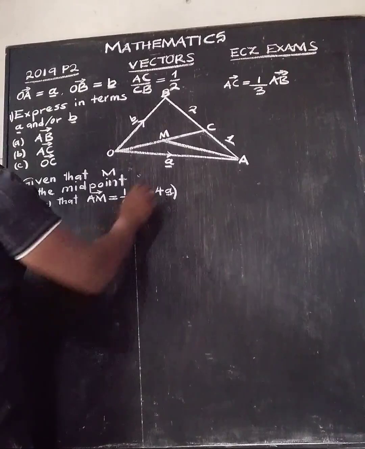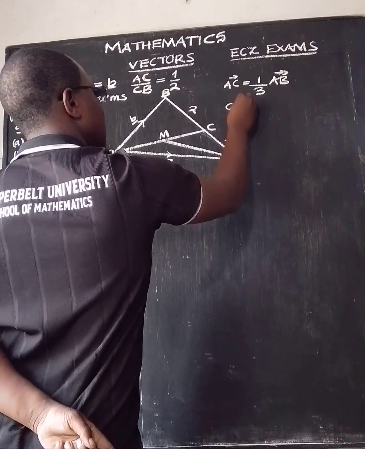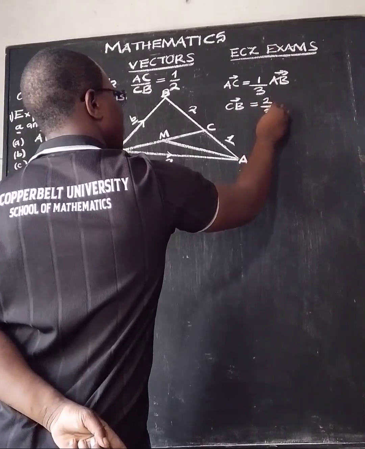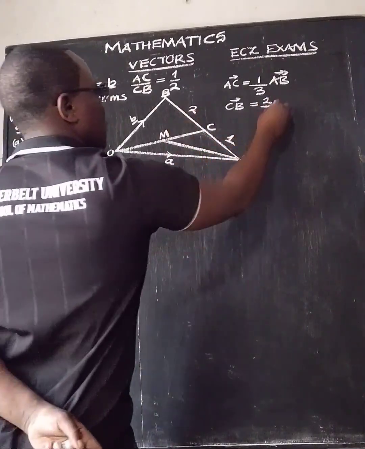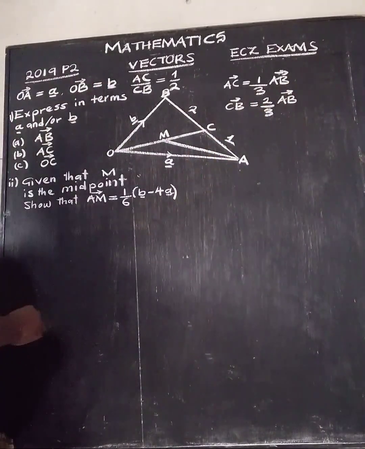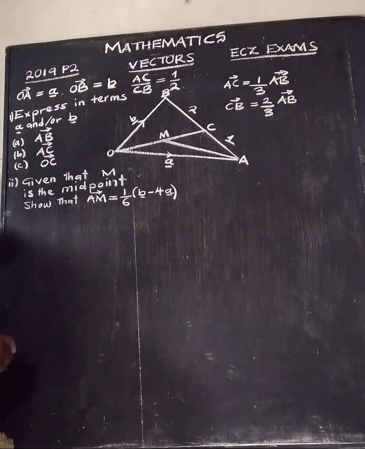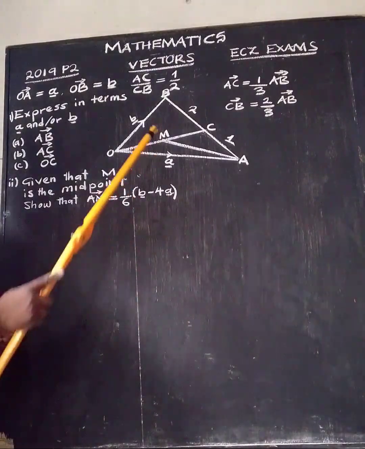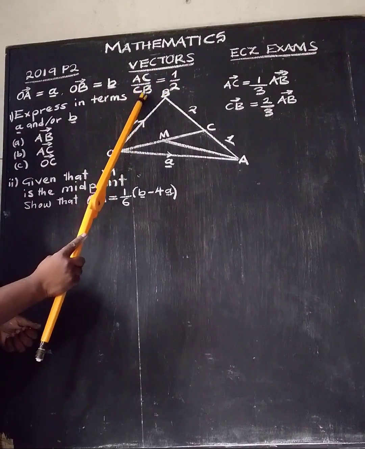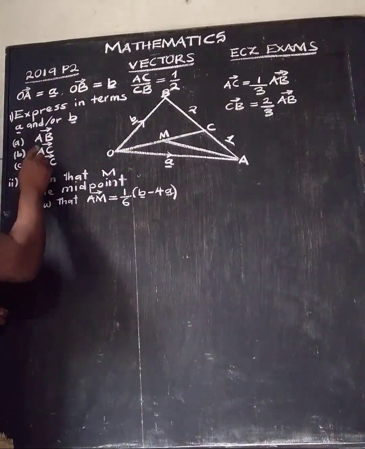Then CB is 2 over 3, which is the total ratio of the total distance, which is AB. Okay, let's now move on. So that's the meaning of this point: AC is equal to 1 and CB is equal to 2.